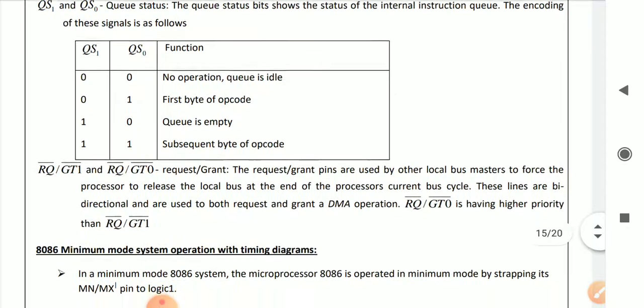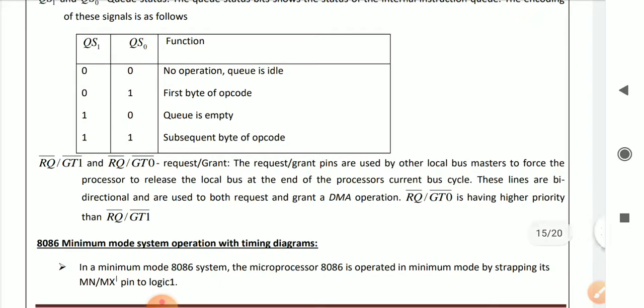These lines are bidirectional and are used both to request and grant a DMA operation. So request and grant are basically used for the DMA operation, to ask for the buses and make them available for the DMA operation.